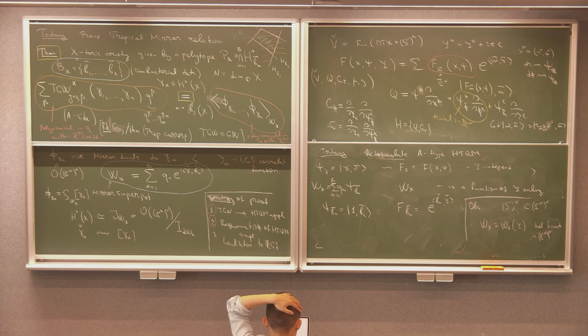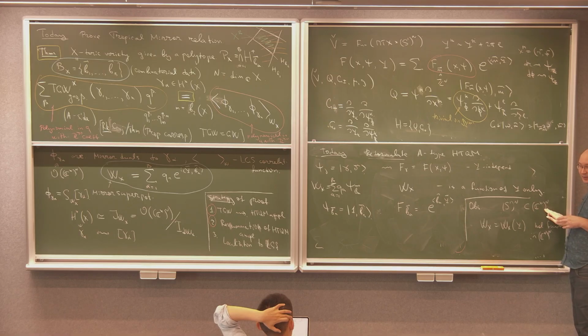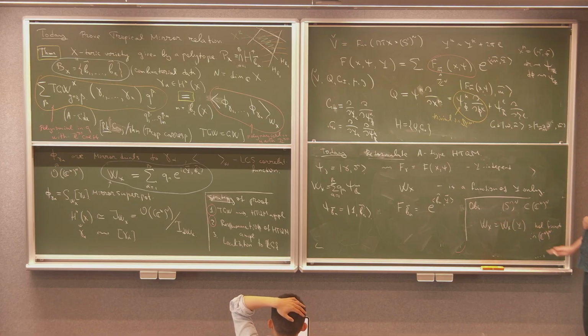So holomorphic functions are essentially functions of half of the variables. We select half of the variables in some space, and then just say that our object depends only on this half of the variables. So here we treat S1 to the power n as half of this space, as an angular part. And then a function of y variables we can treat as a holomorphic function on C star to the power n.